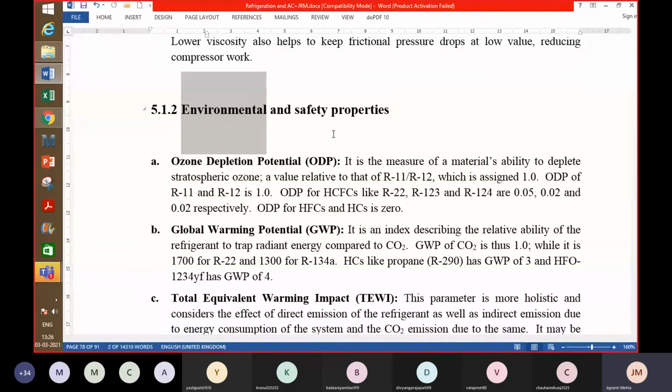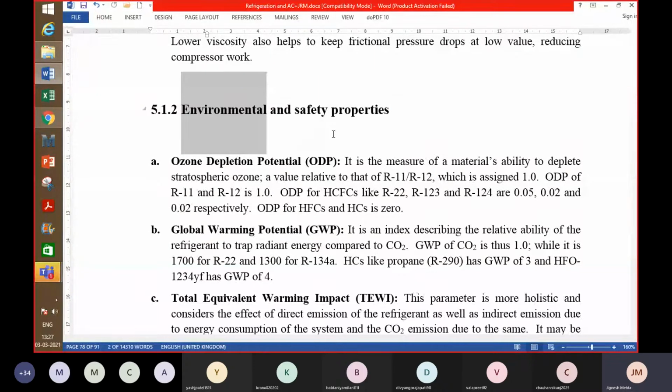Now these were chlorofluorocarbons, right? But now with the use of hydrochlorofluorocarbons, HCFCs, right? So earlier it was only CFC. Then if there is a hydrogen atom in that compound, then it is called HCFC, hydrochlorofluorocarbon.